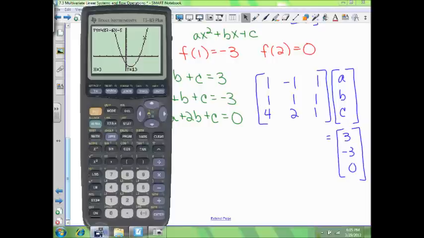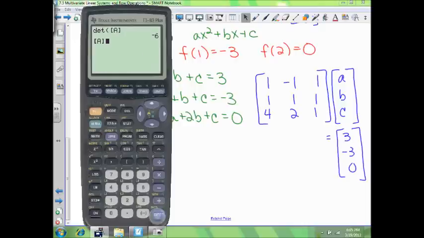So we're going to put this into our calculators. Edit my 3 by 3 matrix. We're also going to edit the 3 by 1 matrix. Let's find the determinant of matrix A. That's negative 6, so A inverse does exist.